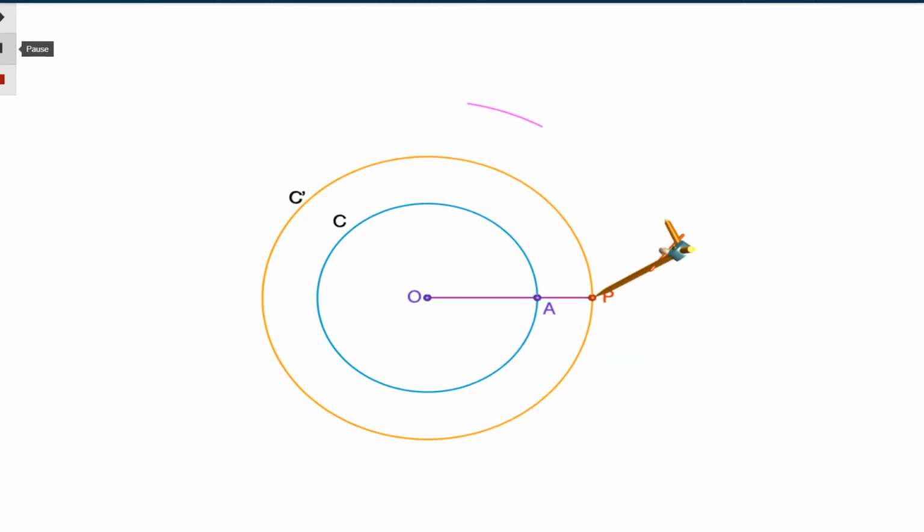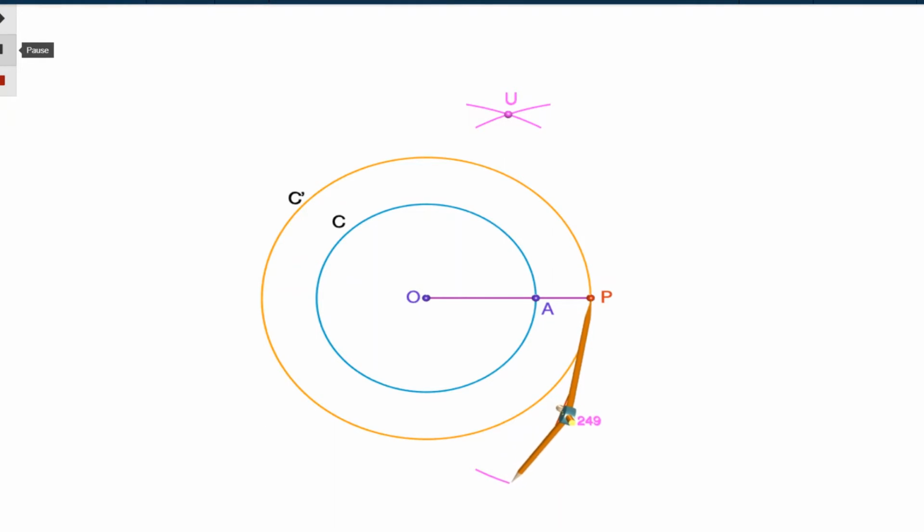So to draw a perpendicular bisector, with O and P as centers and radius more than half of OP, draw arcs which cross each other at some point, mark it as U. Then with P as center and the same radius, mark another arc below the line, and with O as center and the same radius draw an arc which crosses the previous arc at some point, mark it as V.